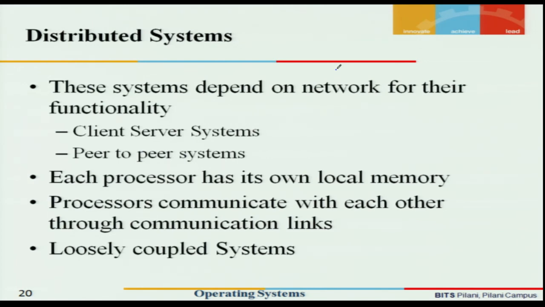In such systems each system would have its own local memory, and the processors would communicate with each other. Clients and servers would communicate with each other using a communication link. Since the client and the server are not sharing the same memory, the same bus, or the physical devices, we call these systems loosely coupled systems.